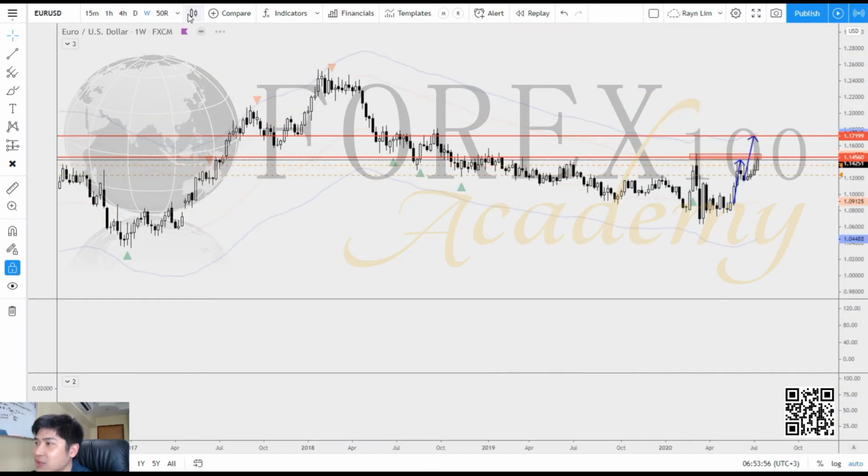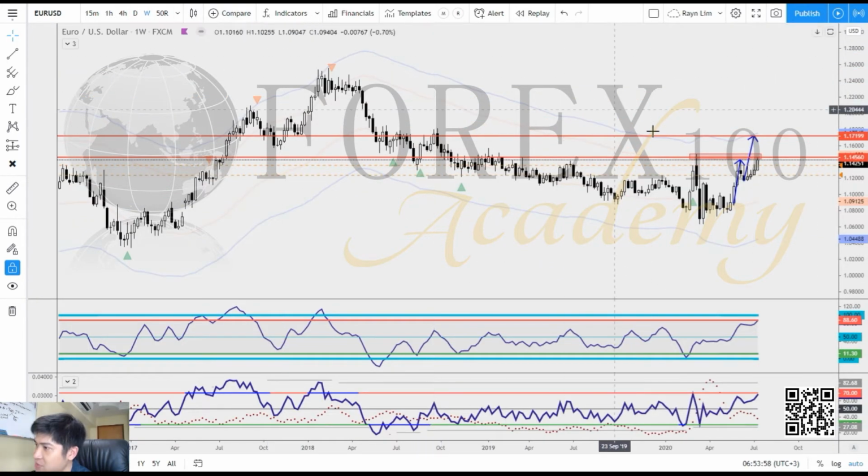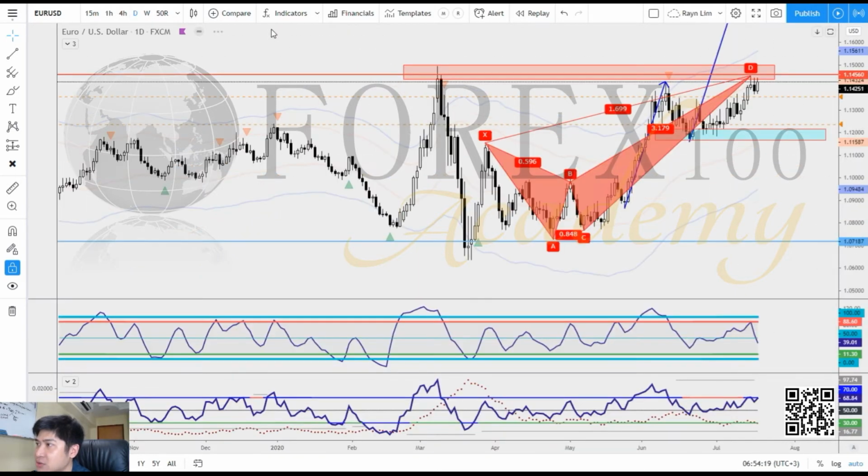If we move up to the weekly chart, this is pretty much what I am concerned of. I do see a potential for euro dollar to head straight up to 1.1719 or 1.1720 for convenience's sake. This possibility is still there, but for it to go up faster, it has to break and close above 1.15.